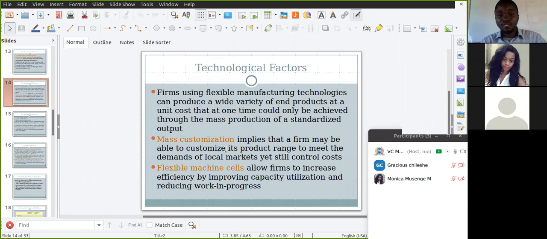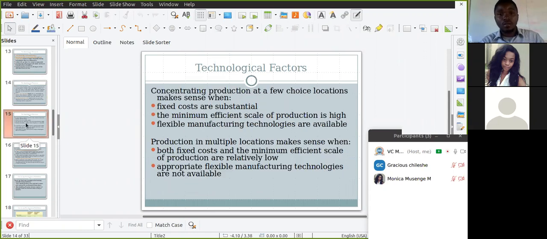Then flexible machine cells allow firms to increase efficiency by improving capacity utilization and reducing work in progress. Concentrating production at a few choice locations makes sense when fixed costs are substantial, the minimum efficient scale of production is high, and flexible manufacturing technologies are available.